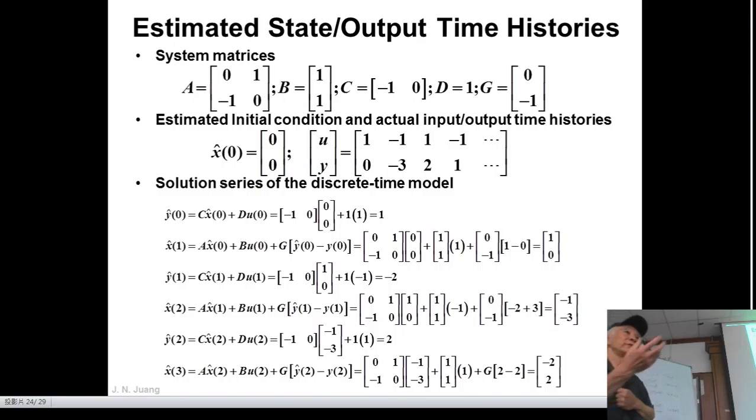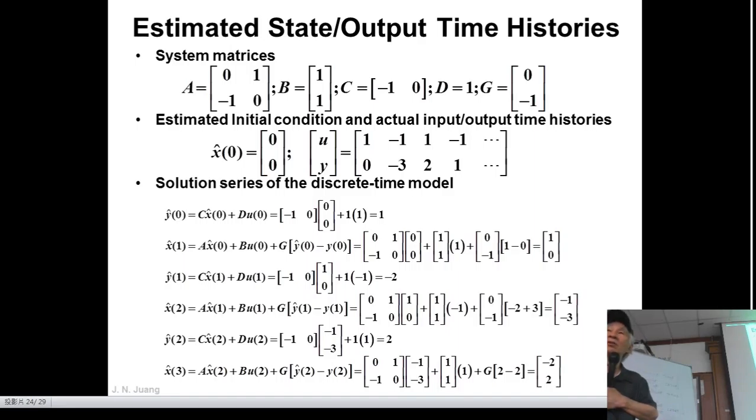So if you get the observer gain G right, then your estimate will be very accurate and very fast. And this is the fastest gain you can ever have in theory.